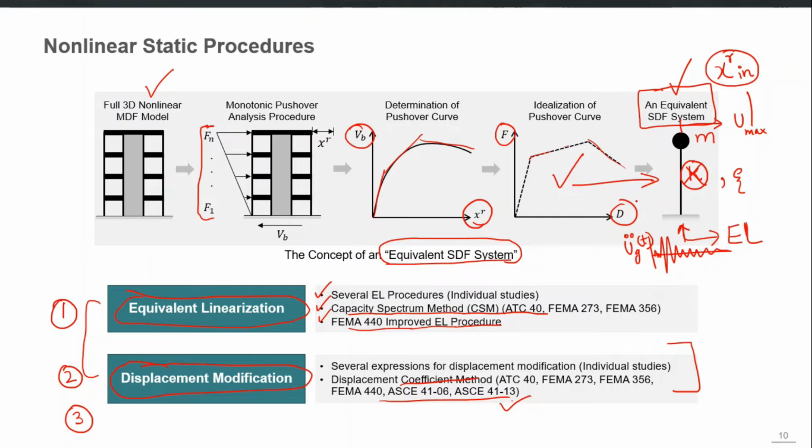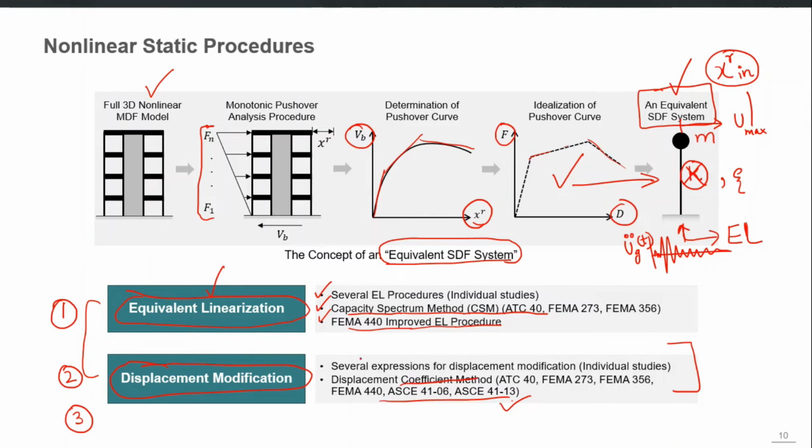So first approach, equivalent linearization, which says that we idealize this nonlinear single degree as a linear single degree with modified properties and then estimate the target displacement. Second idea says that we can start with the linear single degree of freedom system to estimate its peak displacement and then modify it based on our pushover properties to convert it into nonlinear.